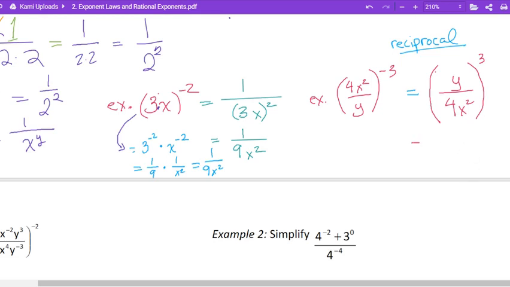So what does the quotient law tell me to do? Well, it tells me to distribute the exponent of 3 to every single term. So I've got y cubed over 4 cubed, over x squared cubed. Right, so I'm showing all the steps. You can definitely skip a few here.